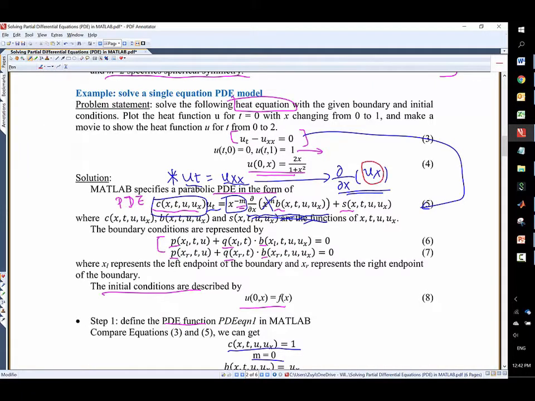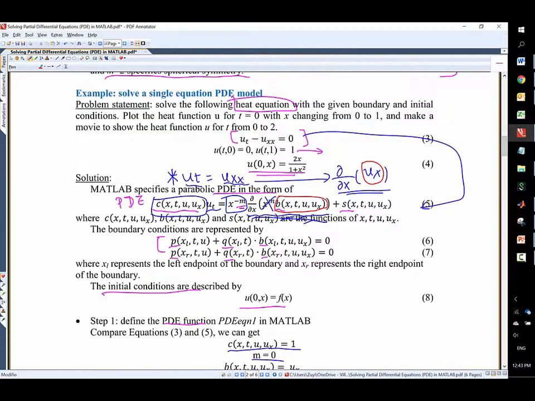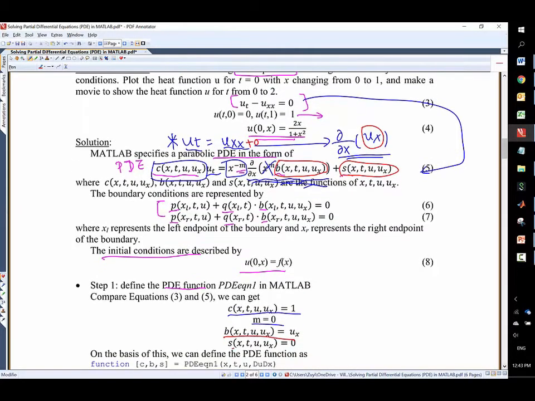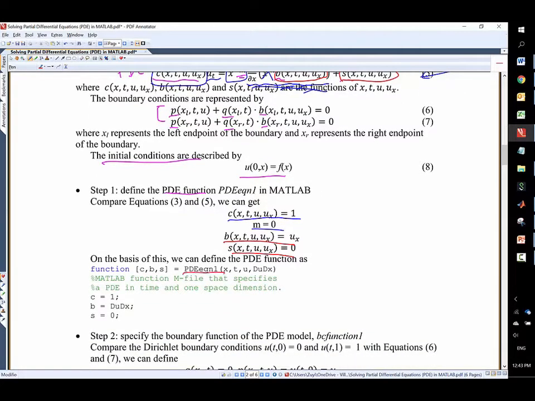Therefore B equals UX. Now after UXS we don't have anything here, so S should be equal to 0. Therefore we get C, M, B, S.